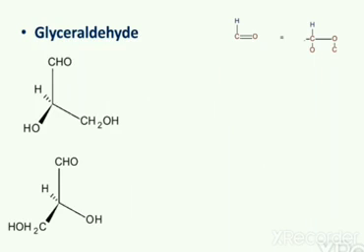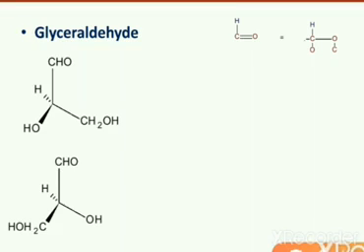Next we will find the RS nomenclature for the glycerol molecule. The chiral center present in the glycerol molecule is attached with 4 different groups. Already we have given the priority for the groups attached in the glycerol molecule. According to that, hydroxyl gets first priority, then the aldehyde group and methylene hydroxyl, and the least priority is hydrogen.